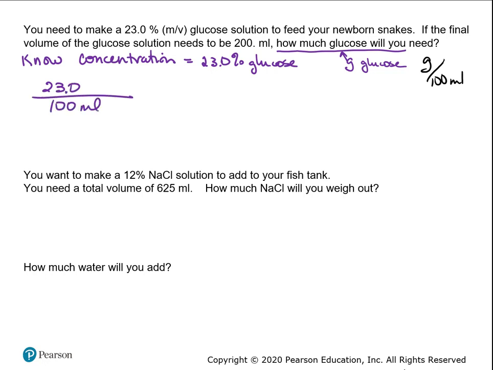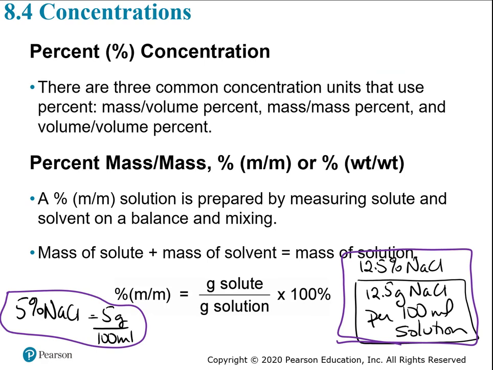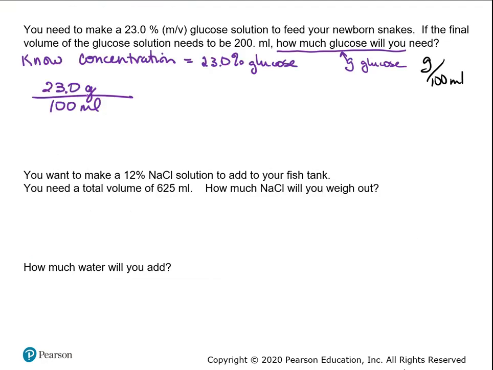What do I have to put after the 23.0? Grams, right? So that's what I said in this. If you have percent, drop the percent and put grams over 100 mils. So here, 23.0%, drop the percent and put grams over 100 mils.